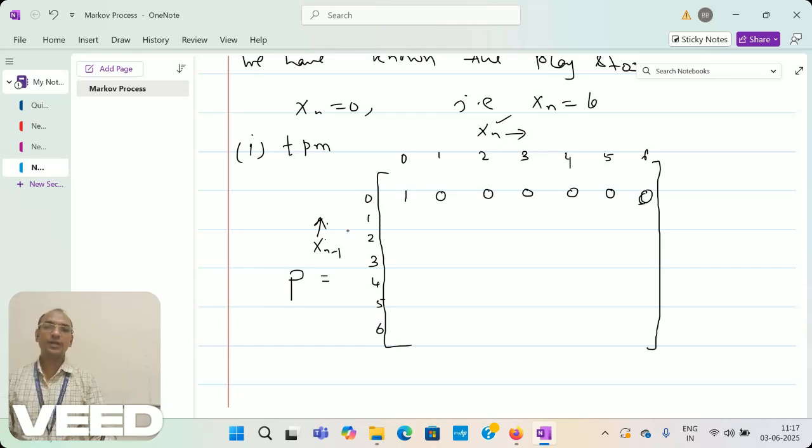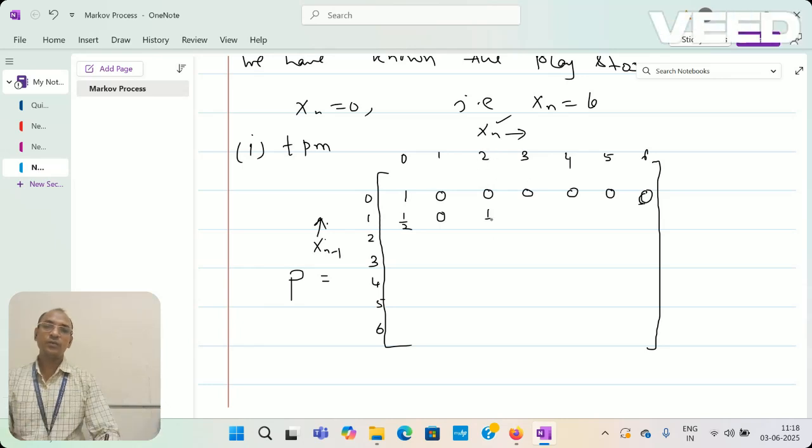So if he has 0, he will not gain anything, that is confirmed. So that entry is 1. Now suppose he has 1 rupee, then what will happen? He may lose 1 rupee and he will have 0 rupees. So the probability will be half. And if he has 1 rupee, he bets 1 rupee, so he may get 2 rupees.